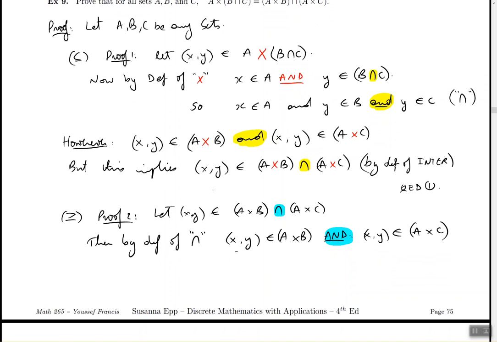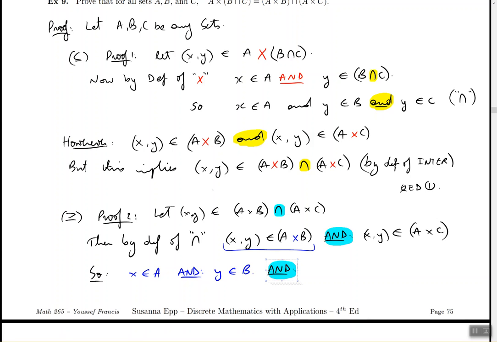Now, saying that x comma y is in A cross B means that x is in A and y is in B. So I'm going to focus on the first term right here and break that one apart. So this means x is in A and y is in B. Again, how do I know this? I know this by the definition of the cross.